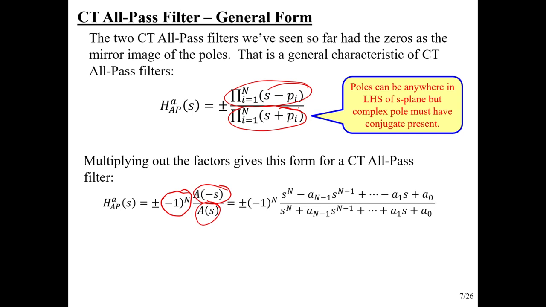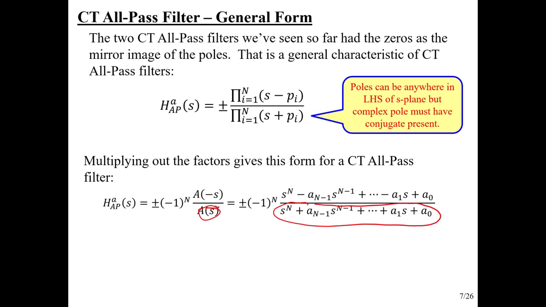So that can actually be shown. And then we can show that if A of S is a polynomial that looks like this, A of minus S will have negative coefficients at all the places where there are odd powers here. And again, that allows us to account for things like that out in front. So this is our general form.